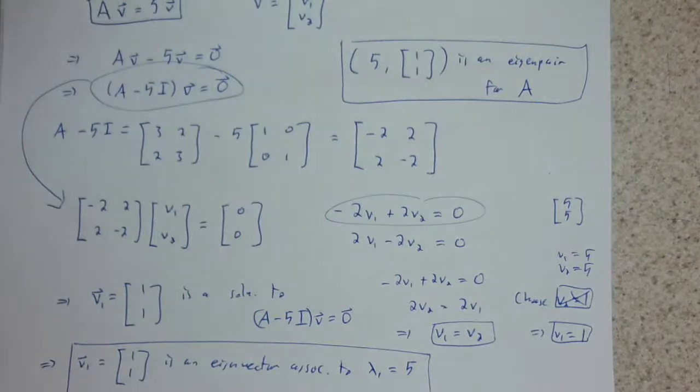No, it's not. Because remember, when I first introduced eigenvalues and eigenvectors, one of the things that was true about them is that in general, you're going to have infinitely many eigenvectors associated to an eigenvalue.